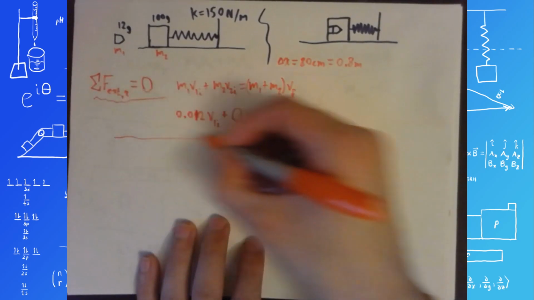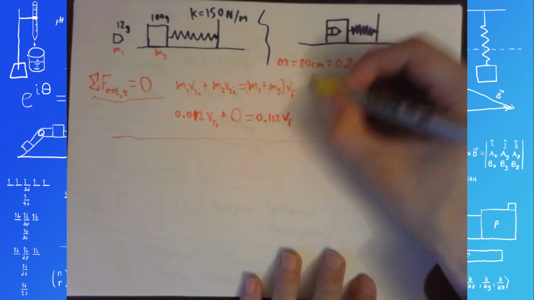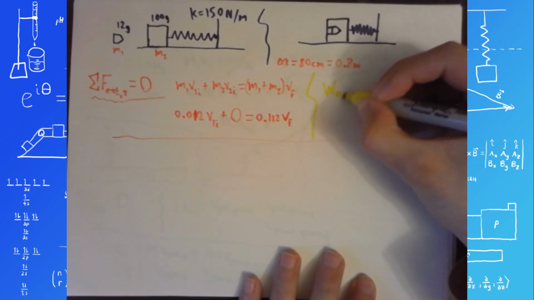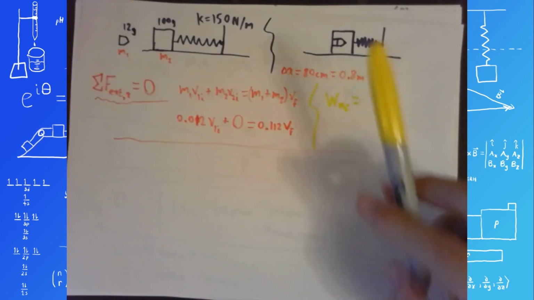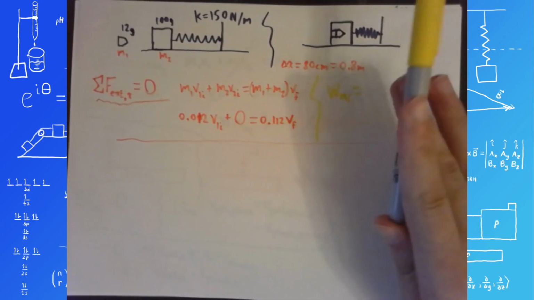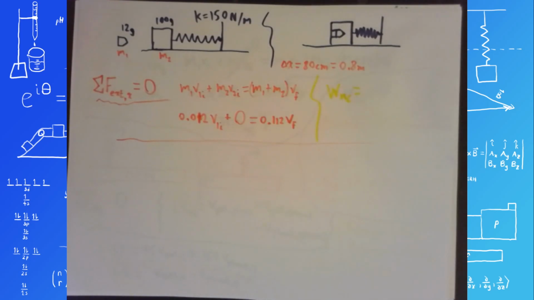So then in the second stage we've got conservation of energy. Can we justify conservation of energy? Is the non-conservative work equal to 0? Well, let's see. We've got gravity and normal force. The force of gravity is conservative, so we don't have to worry about it. The normal force is going to be pointing straight up this whole time while the block and bullet move horizontally, so that's a 90-degree angle between the normal force and the displacement, so the normal force doesn't do any work.